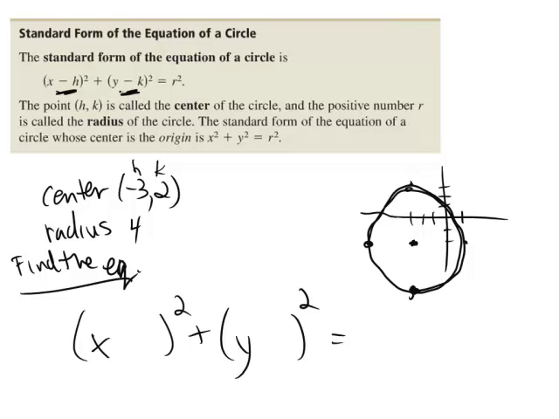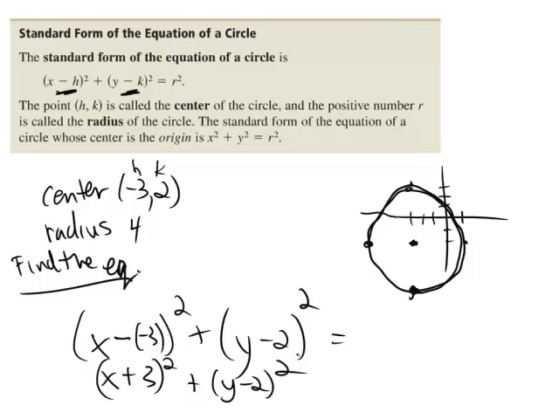If you already are subtracting a negative, it ends up flipping the sign around. Here you're subtracting a 2. Don't forget that these things need squares on them, otherwise you don't have a circle. So you got your left-hand side, then your right-hand side is you take the radius, whatever it might be, and square it. So for us, that's going to be 16.